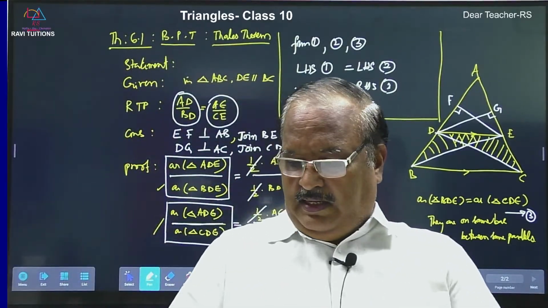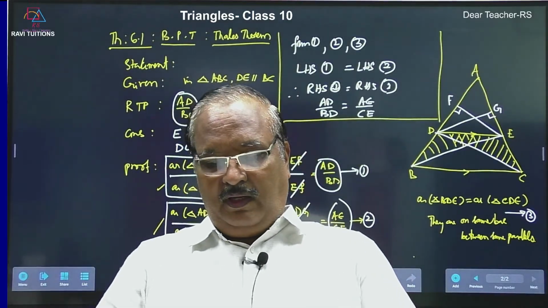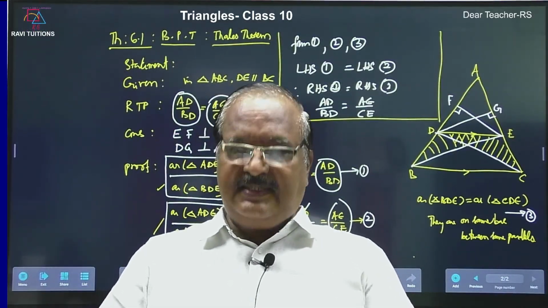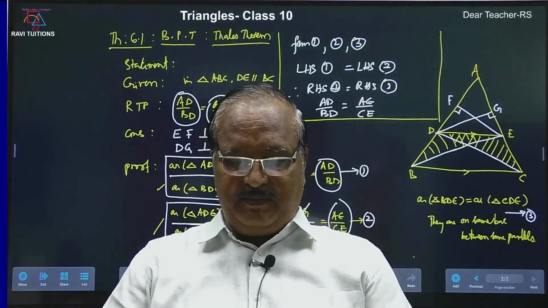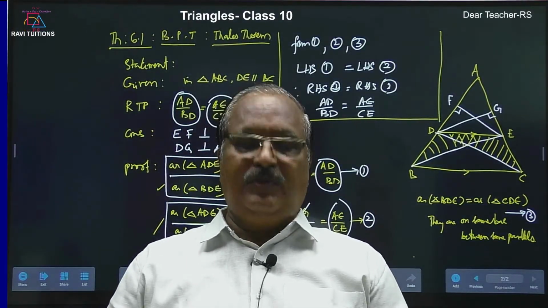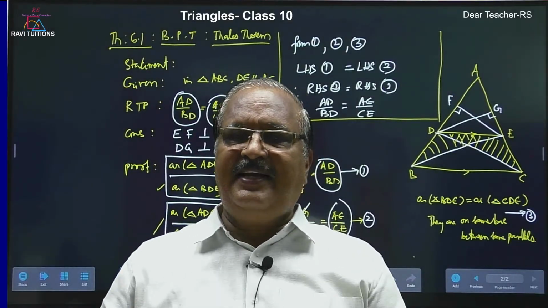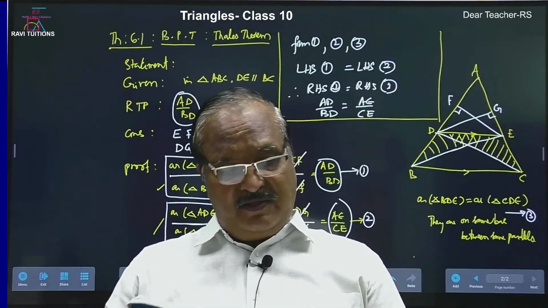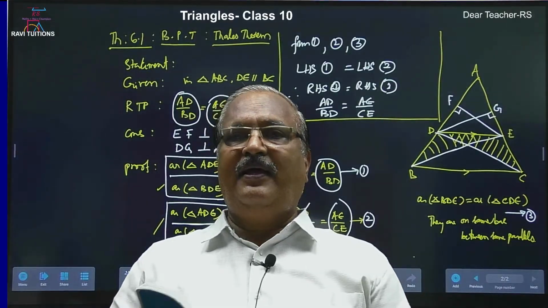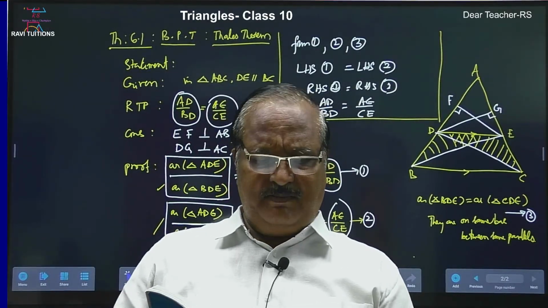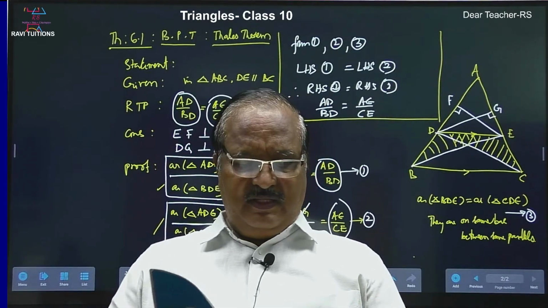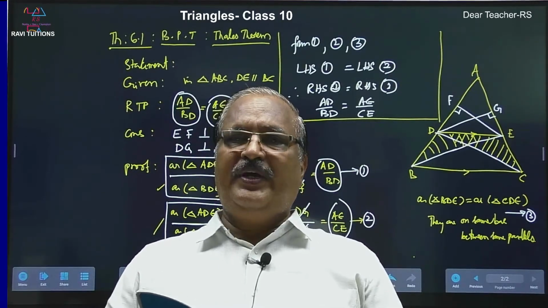Now, based on these theorems, there are some problems in exercise 6.2, because your syllabus is reduced like anything. Based on this theorem, there are direct problems. Simple question number 1 is based on this theorem only. Two figures are given.